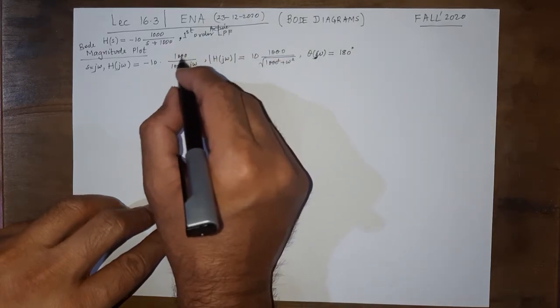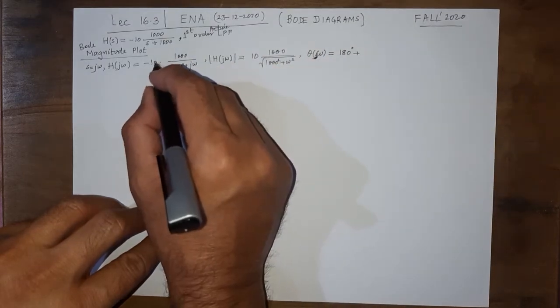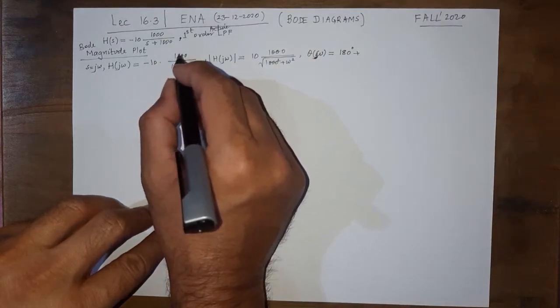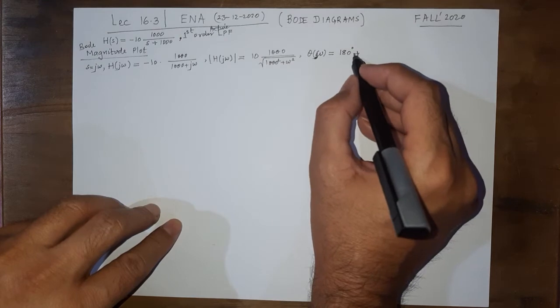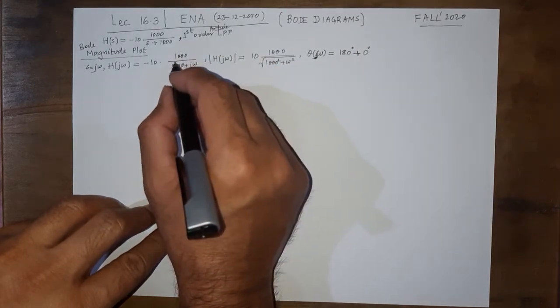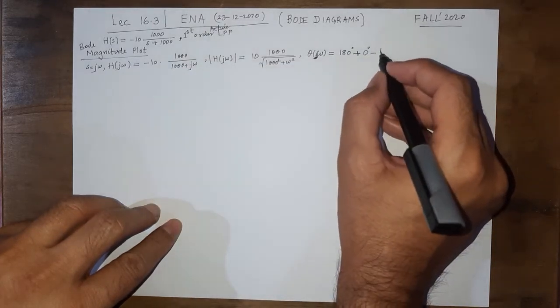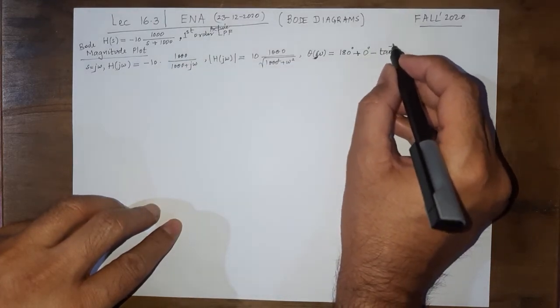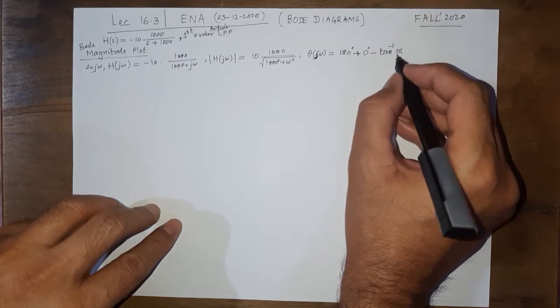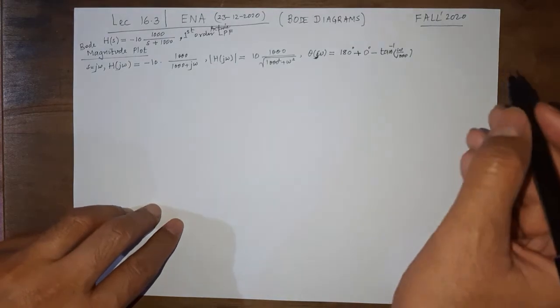Then a positive real number has a phase angle of 0 degrees, because this is being multiplied by this one, so the phases add up. And then minus, because that is in the denominator, tan inverse of omega over 1000. So this would be the phase.